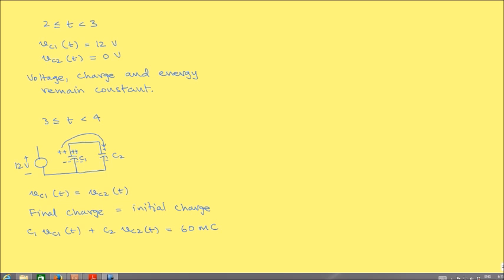So we can solve this equation for VC1 of t, which is also equal to VC2 of t, and the solution will give us that VC1 of t will be equal to 60 millicoulombs divided by the sum of the two capacitors, which will be 5 into 10 to the minus 3 plus 3 into 10 to the minus 3, which will give us the final voltage as 7.5 volts, which is also equal to VC2 of t.